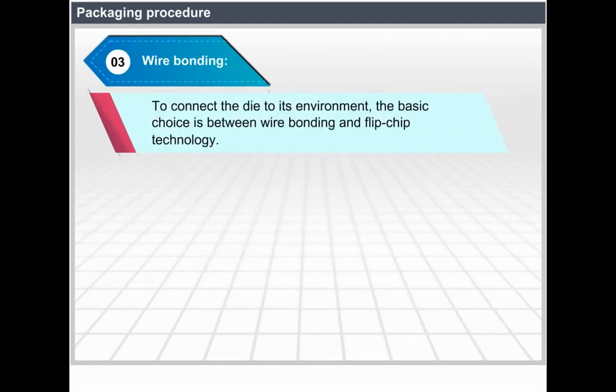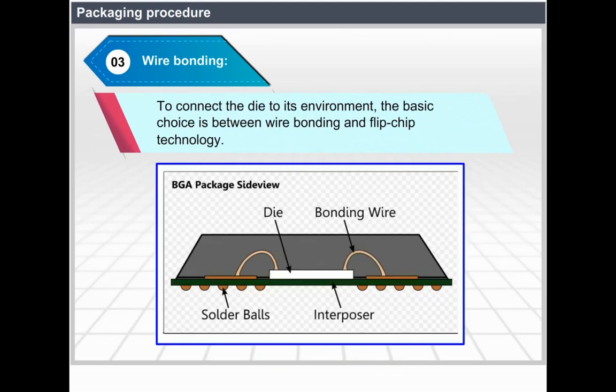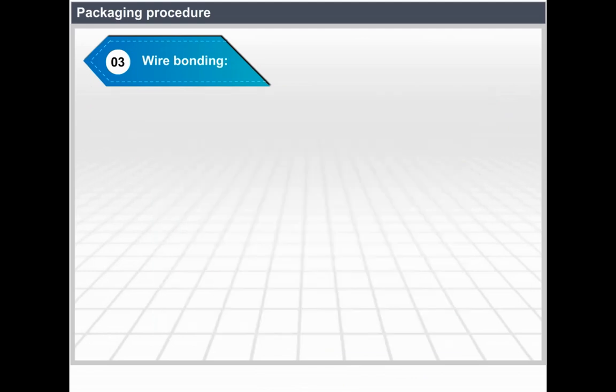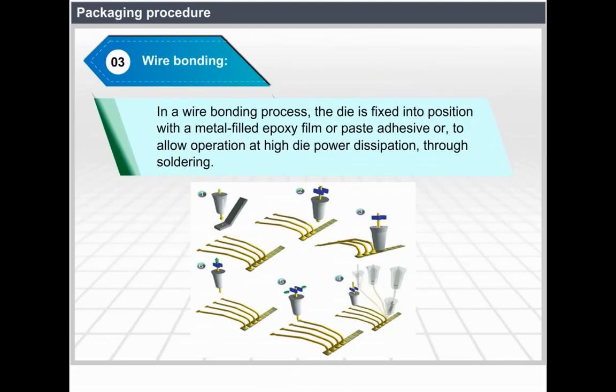Wire bonding. To connect the die to its environment, the basic choice is between wire bonding and flip chip technology. In a wire bonding process, the die is fixed into position with a metal-filled epoxy film or paste adhesive, or through soldering, to allow operation at high die power dissipation.